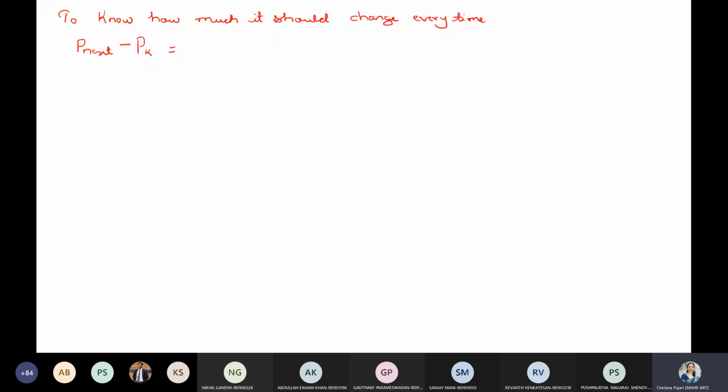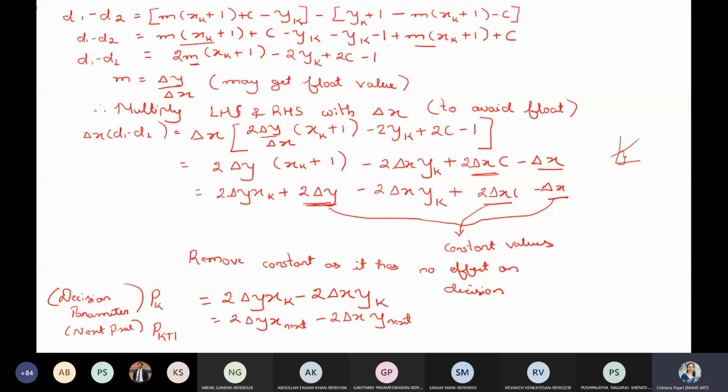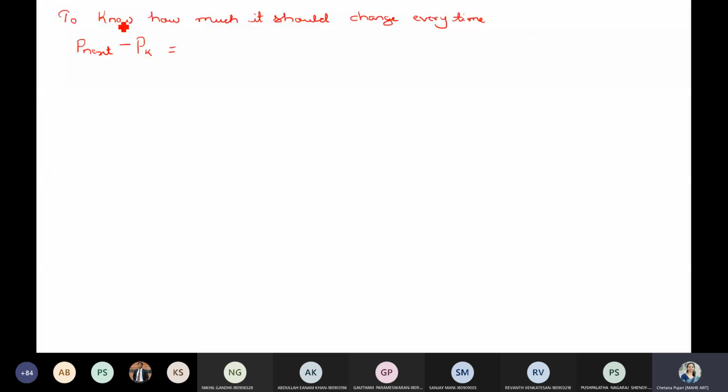This is our P next, and this is our PK. So P next minus PK we are going to do in order to know how much it should change for every iteration or at every pixel. So let's write the equation for that.